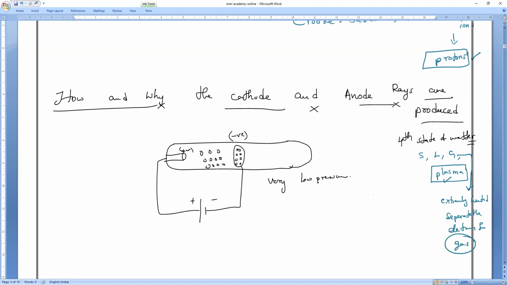So again and again, the charge is continuously supplied. We are continuously producing 10,000 volts, an extremely high voltage power supply. First the gas will break into atoms. Further, the electrons are separated. They will be knocked out from the atoms.